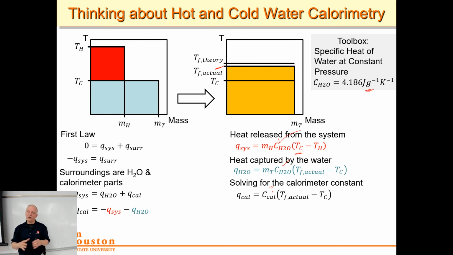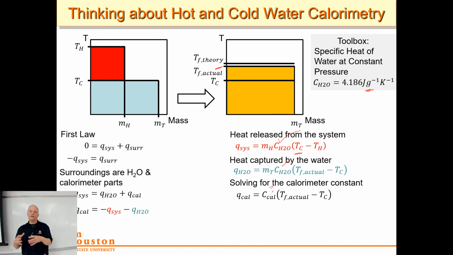We do this so we can understand how many joules are going to be stolen by our stir stick and the glass and the thermometer metal and those things. Okay. And so what we really need to know is what's the difference between the heat that was delivered from the hot water and the amount it took to raise the cold water to the final temperature. That difference in joules is how much went into the calorimeter. And how much temperature did the calorimeter change?